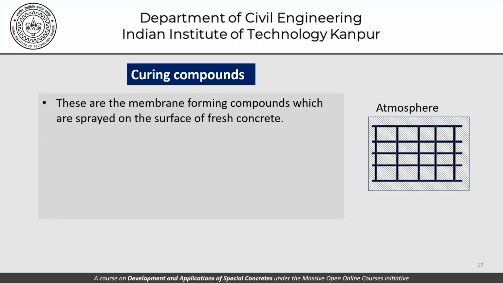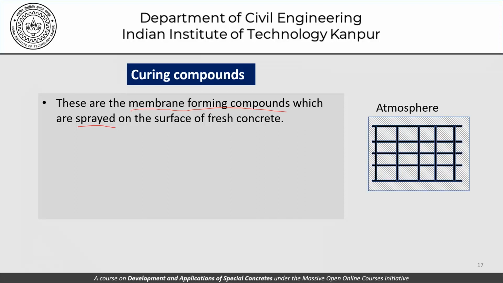Lastly, there are curing compounds. Now, curing compounds are slightly different from the sheets that we apply. In this case, we use membrane forming compounds which are sprayed on the surface of fresh concrete.